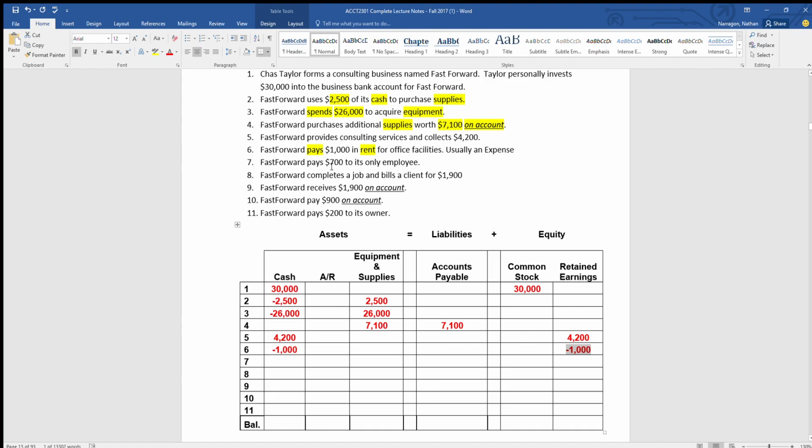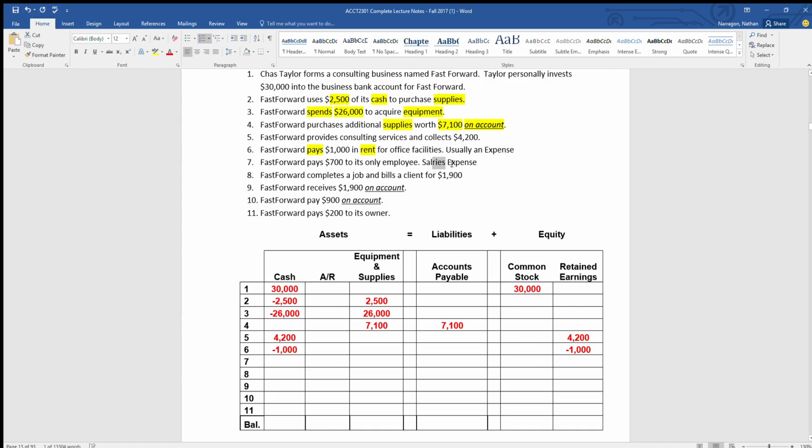Next, we pay 700 to our only employee. So again, we're paying, and this is again an expense. This is known as salaries expense. And again, watch out for my spelling. Sometimes my spelling is bad, and apparently it is not spell checking.